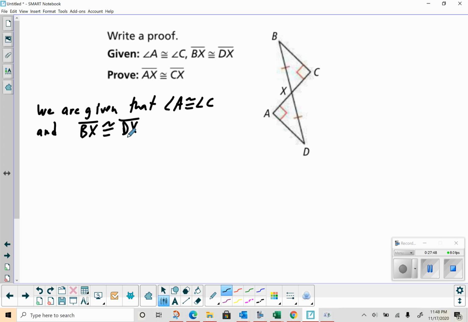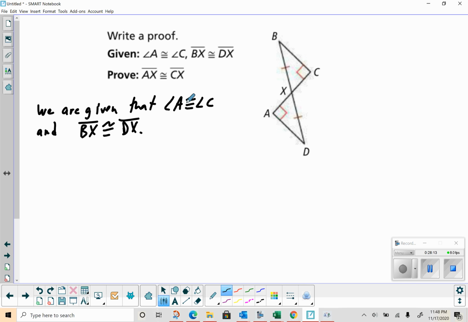Hopefully you're paying attention here with all of these. The given information isn't usually going to say something about the measure of this and the measure of that. We're going to try and keep it as short as possible here. Everything's congruent parts, congruent triangles, so make sure that you're using the congruent symbol.